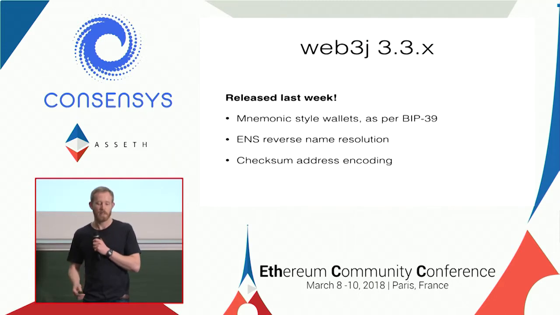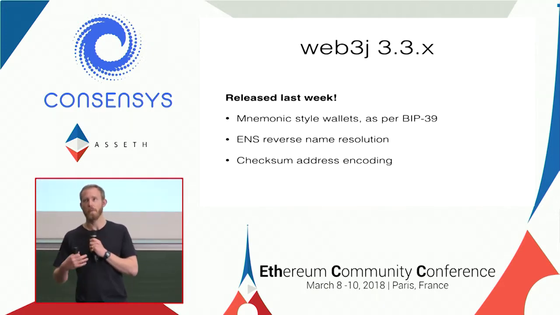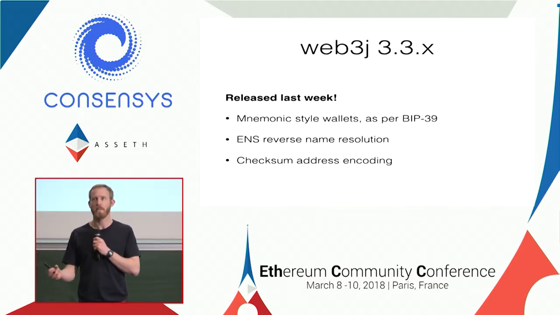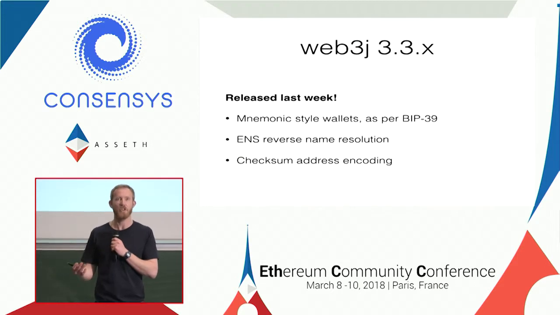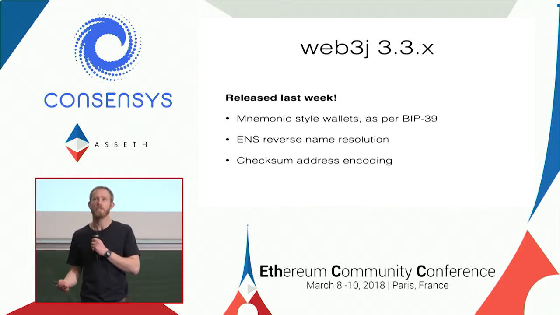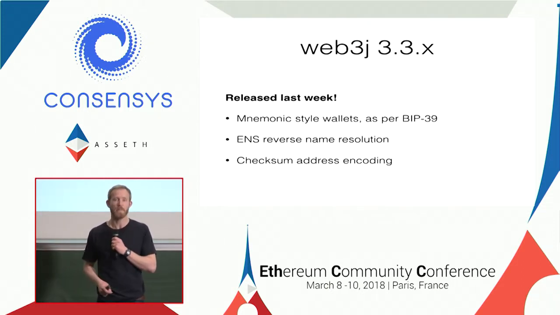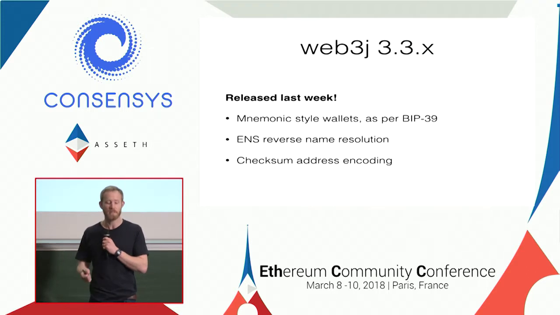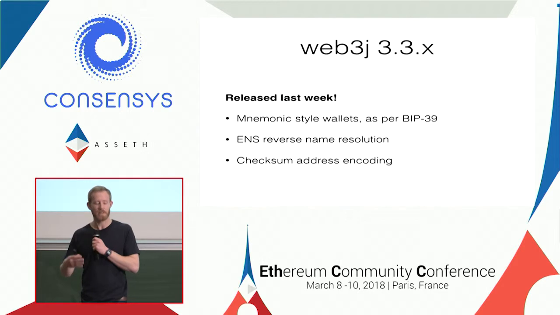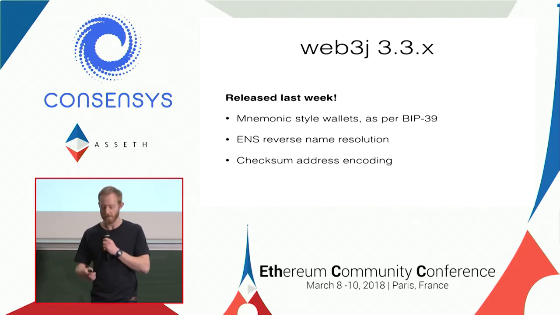As of last week, web3j 3.3 came out, and that now supports mnemonic-style wallets too. So if you want a series of phrases to create a wallet, which aids recoverability, you can do that now. It also supports ENS reverse name resolution. Both of these are things that members of the community submitted. And now too, there are encoders for checksum addresses, which was a bit overdue, but it's now available.